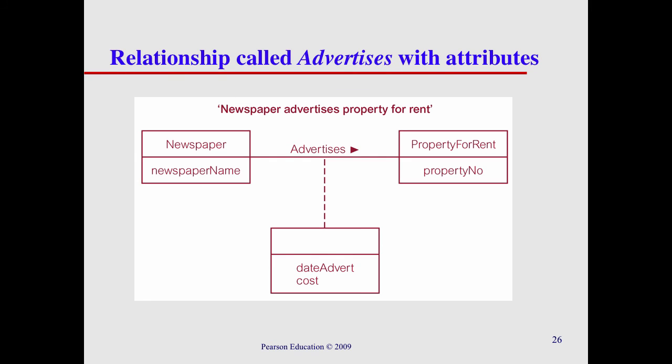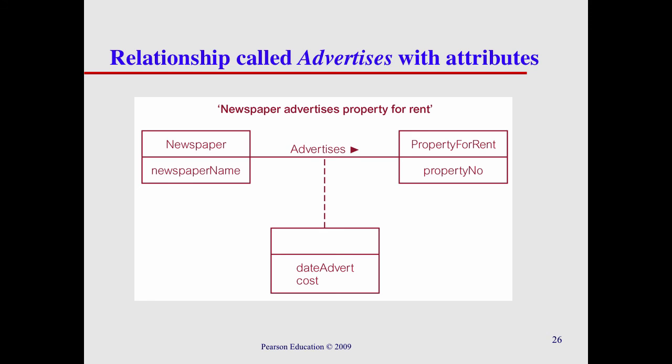Okay? Now, another thing about attributes is they can be associated with relationships. So in this case, we have a newspaper advertises property for rent, and an advertisement has some attributes associated with it, such as the date of the advertisement and the cost of the advertisement. So it's okay to have attributes associated with it.